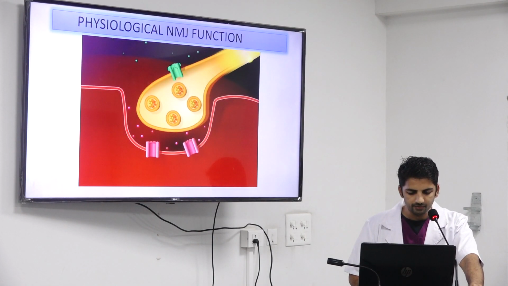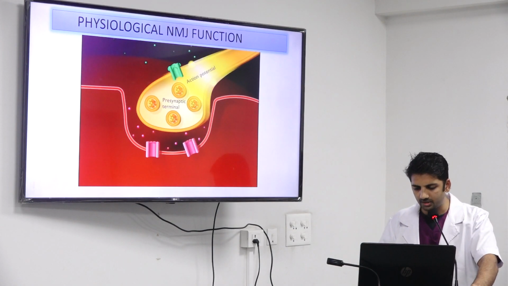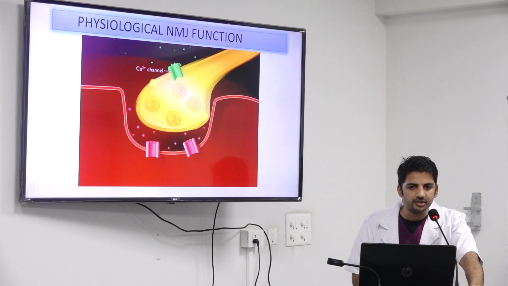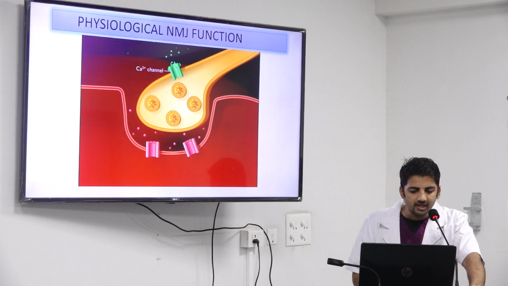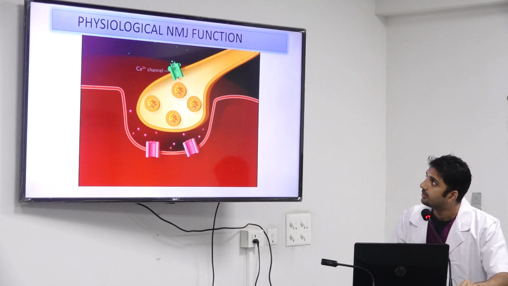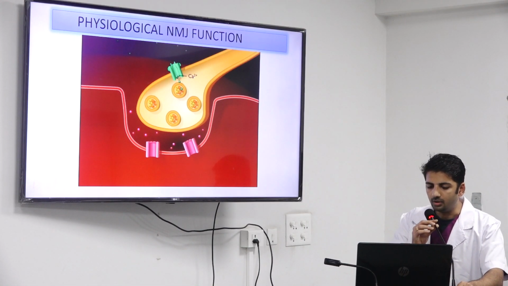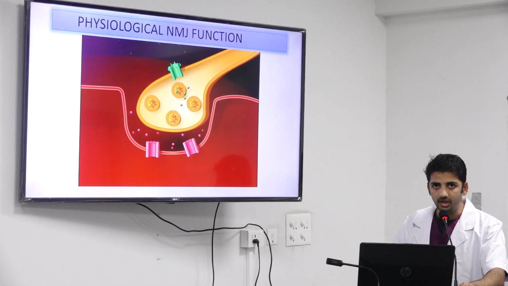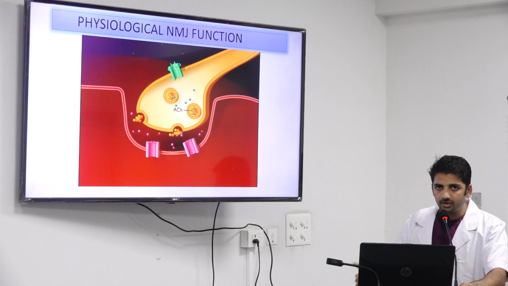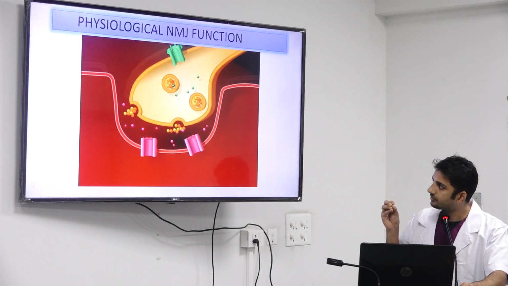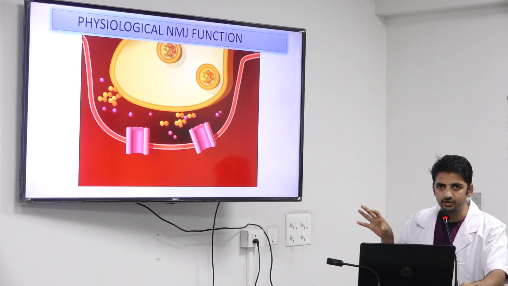So coming to the physiology of the neuromuscular junction, to understand how organophosphate poisoning acts, we should understand how this works. When the action potential reaches the presynaptic neuron, the calcium channels open and calcium starts influxing. The calcium opens the synaptic vesicles and all the acetylcholine from the synaptic vesicles gets released through the process of exocytosis.